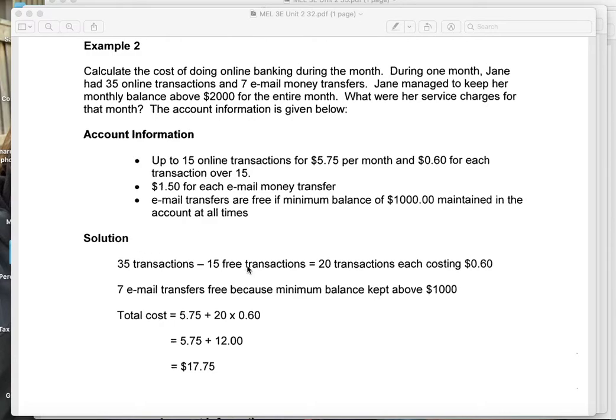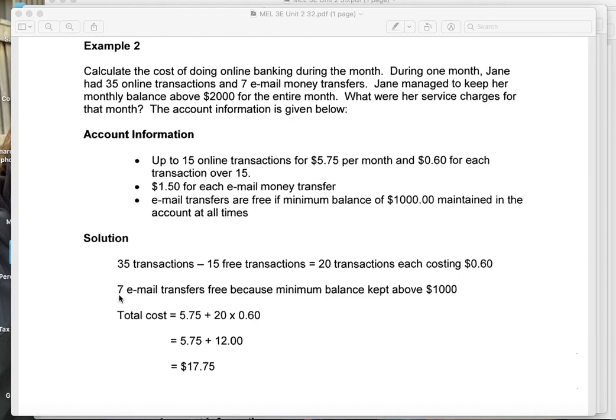So we've got the 35 transactions minus the 15 free transactions at a cost of $5.75, and then we're left with the 20 transactions each costing 60 cents. And this line here says 7 email transfers free because the minimum balance was kept above $1,000.